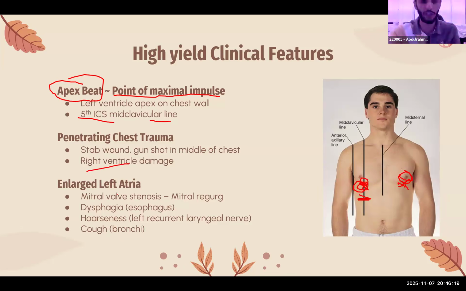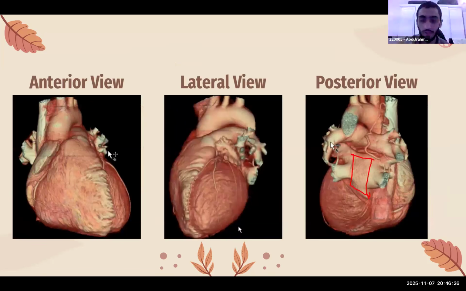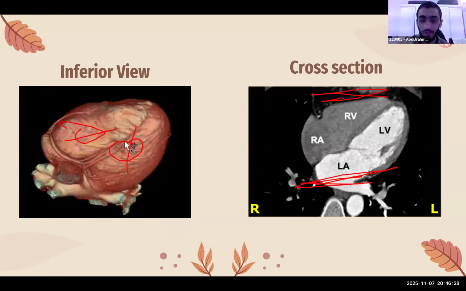Now, on the other hand, why the left atria is important is that if you look at this section right here, the left atria has all these structures around it, right? So if it's getting enlarged, if we have a big atria, it's going to start compressing these things.